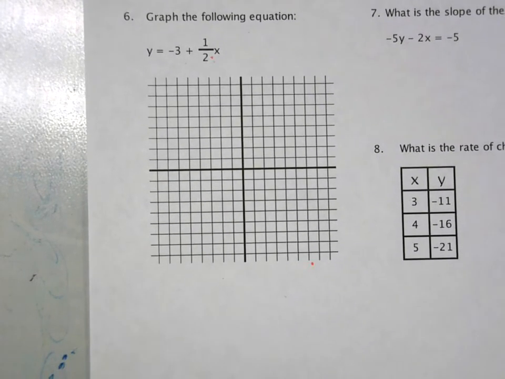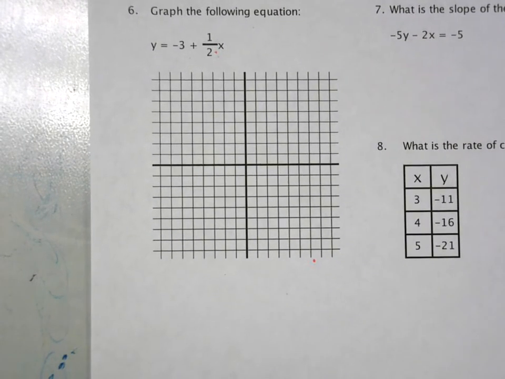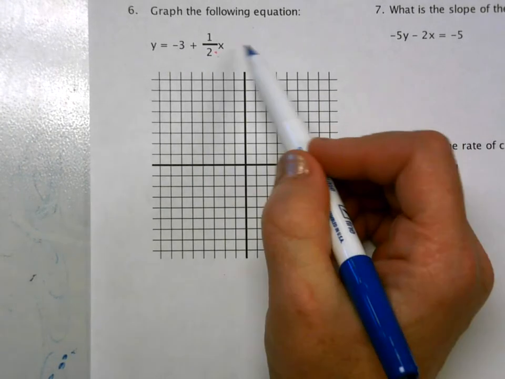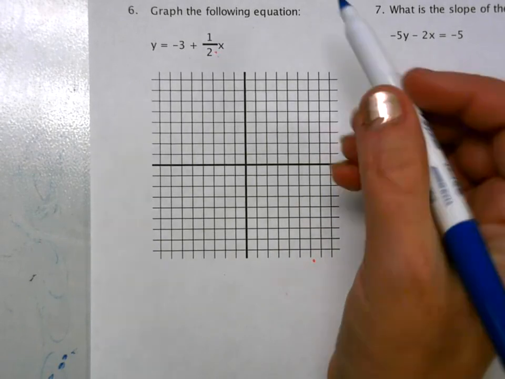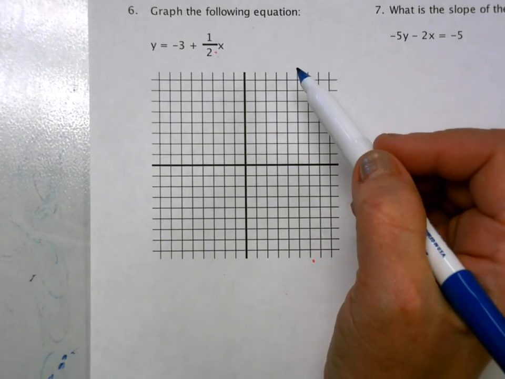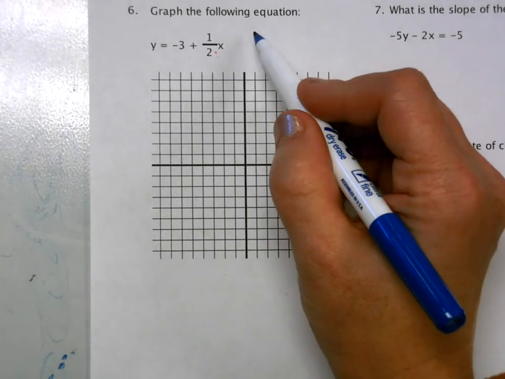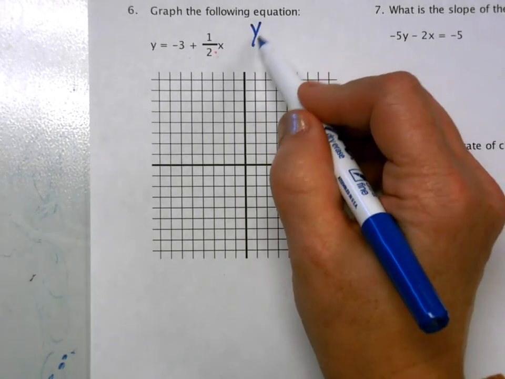So the next question, number 6, what does it ask us to do? Graph the following equation. So the first thing is, what form are we in? It's as close to slope-intercept form as it is to anything. What's wrong with it? There's a fraction. Oh, the x is backwards. The m and the b are backwards.